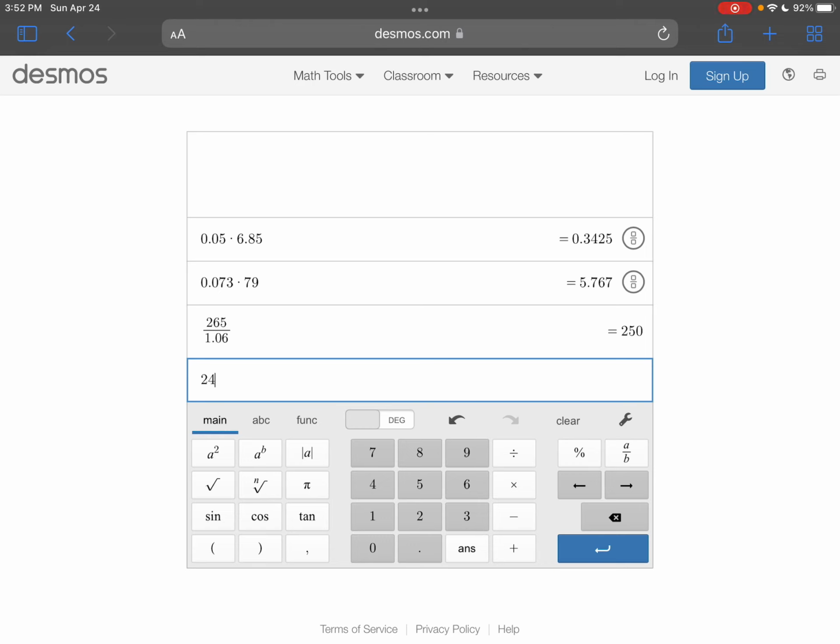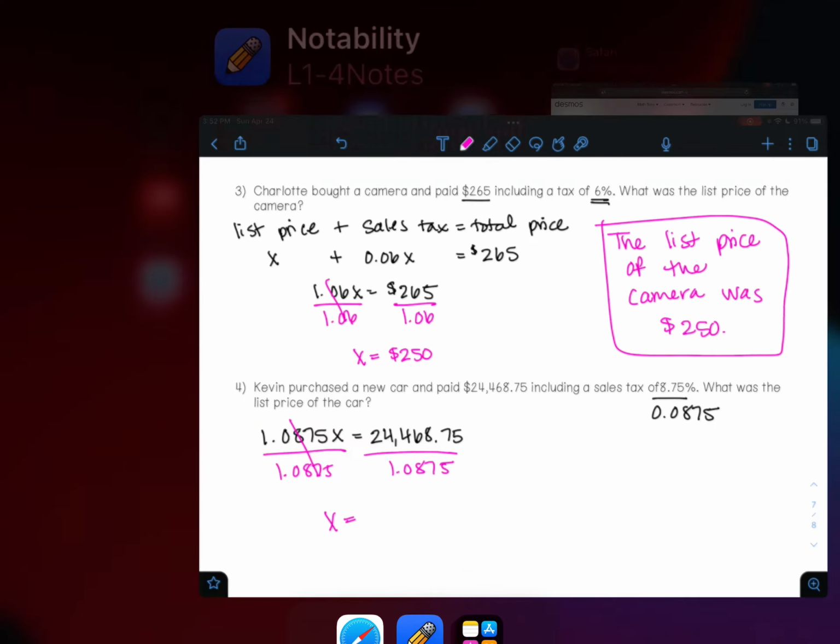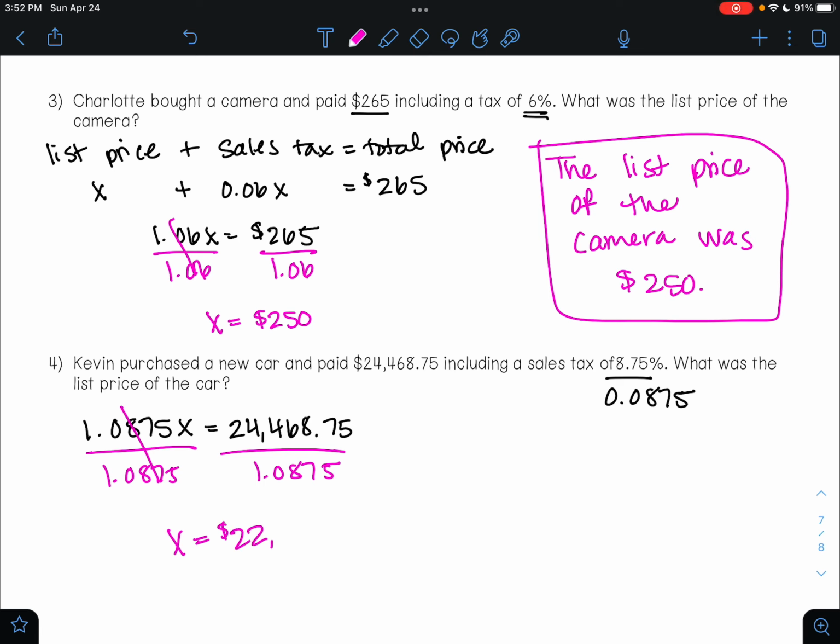So $24468.75 divided by 1.0875, and I get $22,500. So the list price of the car was $22,500.